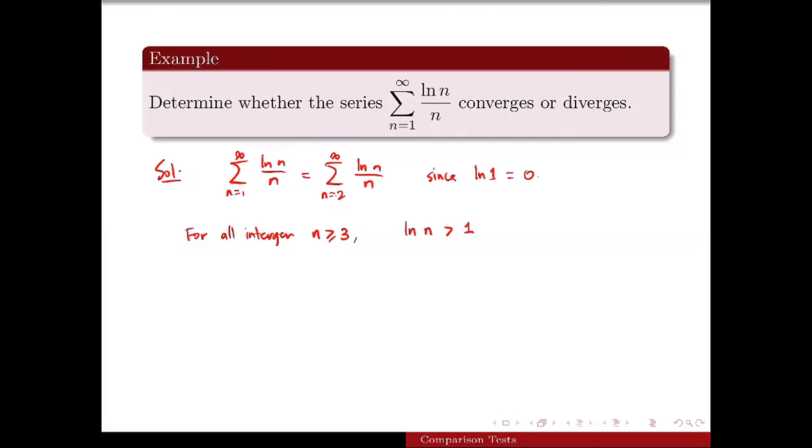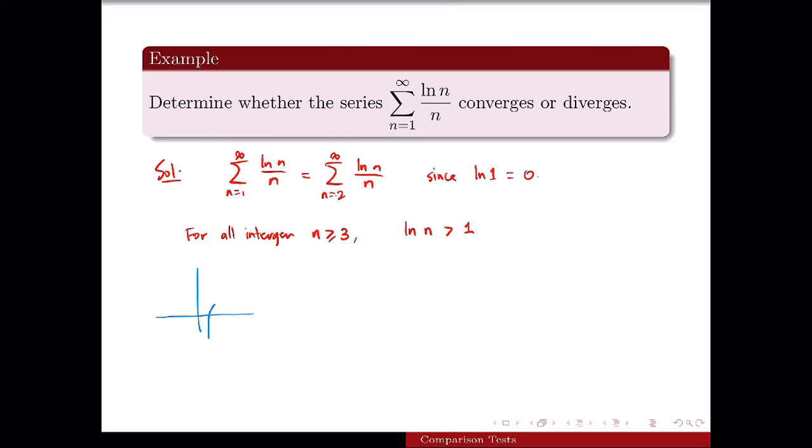If you compute ln of 2, it is less than 1. So we start with ln of 3. I hope you know that starting from n equals 3, ln of n will be greater than 1. Just try to recall the graph of the ln function.